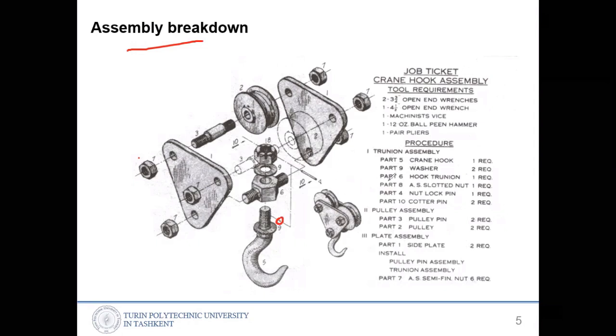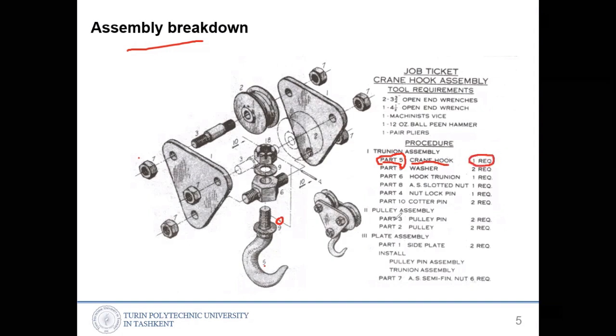So part number 5 is the crane hook, shown here, and here is the description: the name of the part, crane hook, and how many items are required in order to assemble this. For example, only one part is required.